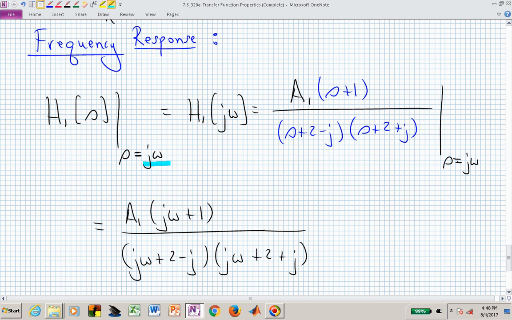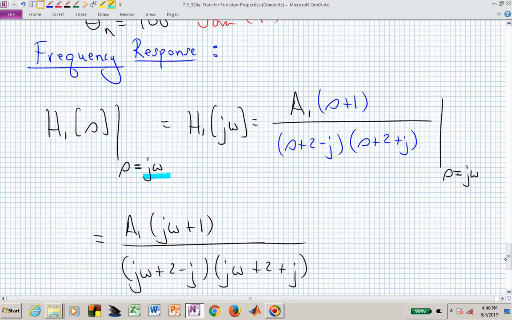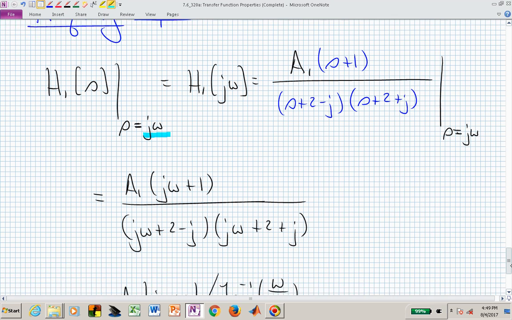If you plug in omega equal to, let's say, 1/2, you would have a complex number in the numerator divided by a product of complex numbers in the denominator. But for each of those factors, you can find the magnitude and angle just by using the polar form. And once we have the polar form, it's easy to find the magnitude of a rational expression because it's just the product and quotient of those magnitudes.